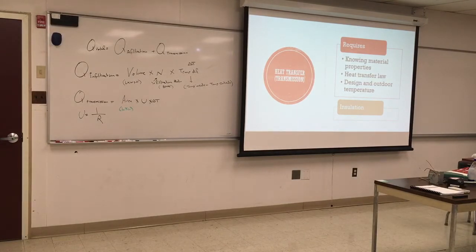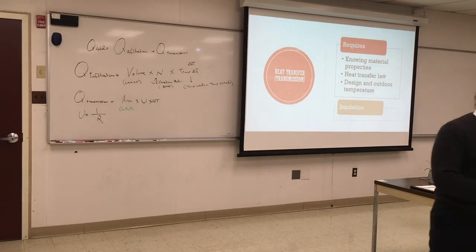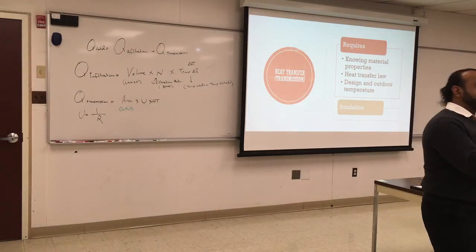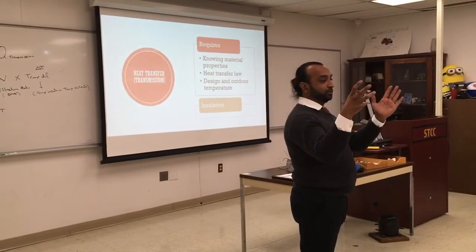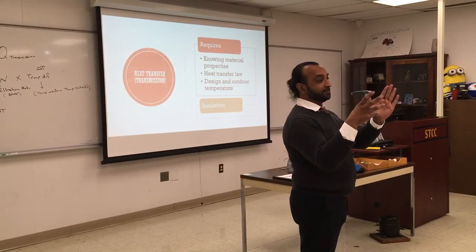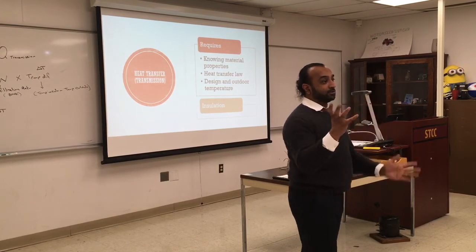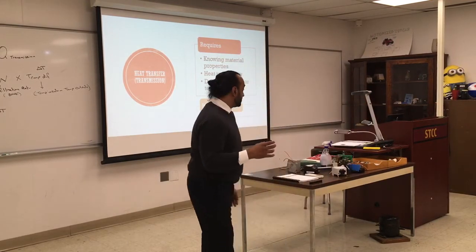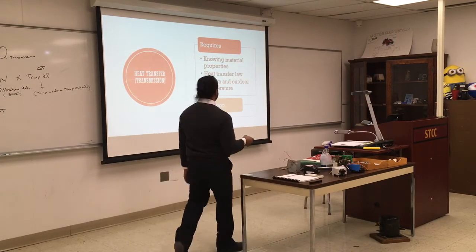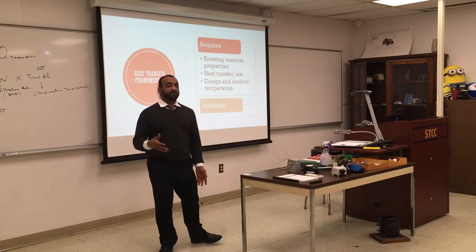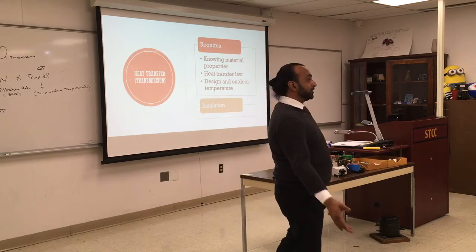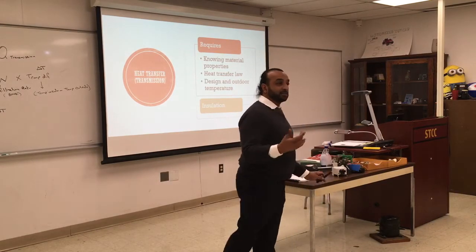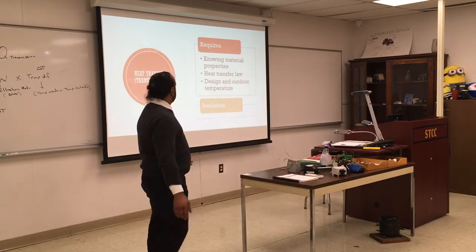Aerogel is the new scientific thing where 1 millimeter can resist 500 degrees on one side, and it'll be cool. You can touch the aerogel while you have 500 on the other side. I think I have a picture of it somewhere, but it's a really good resistor. But it's very expensive, $100 for a square yard. So there are some inexpensive materials to use for insulation.